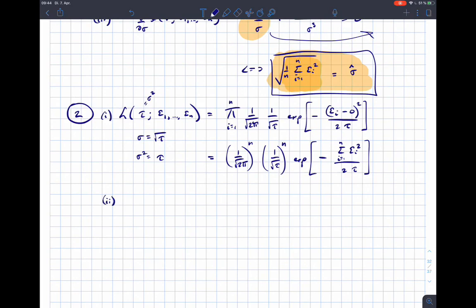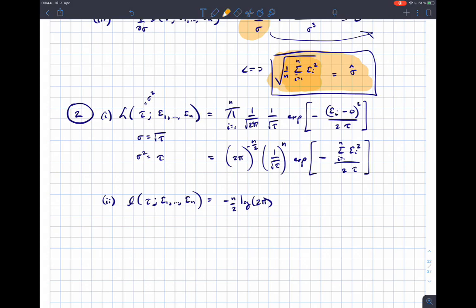Now I want to get the log likelihood. So I take the log of this, doing the same simplification as before. I'm going to put n over 2 and get rid of the square root, and then put negative n over 2 and move this up into the numerator.